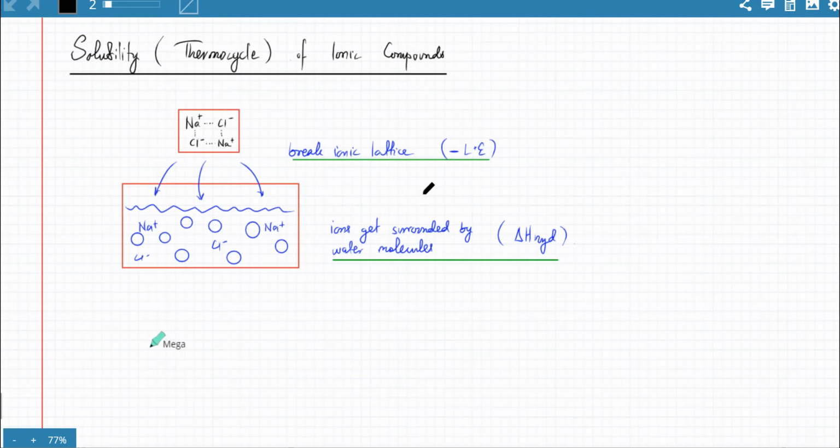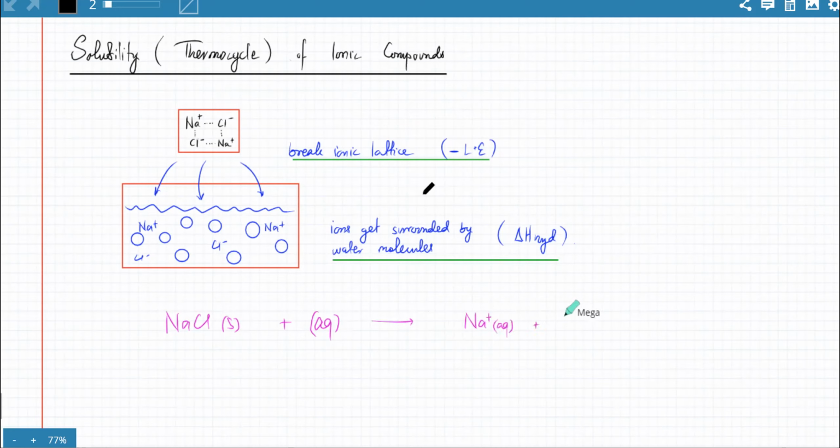Yes, sir. Achha, so the cycle is that if you have NaCl solid and you're trying to dissolve it, you're trying to make it aqueous, so it dissociates and turns aqueous. That's enthalpy change of solution.